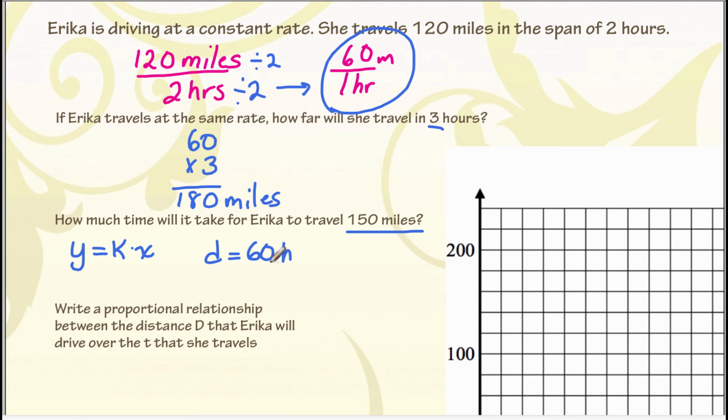So now if I were to just put in 150 here and solve it, h is 150 divided by 60. The zeros cancel out. 3 goes in there twice. 3 goes in there 5. 5 divided by 2 is 2.5. So there's 2.5 hours. So there's a couple of different ways you can do it. You can do it as a unit rate, or you can do it as common sense. All right.